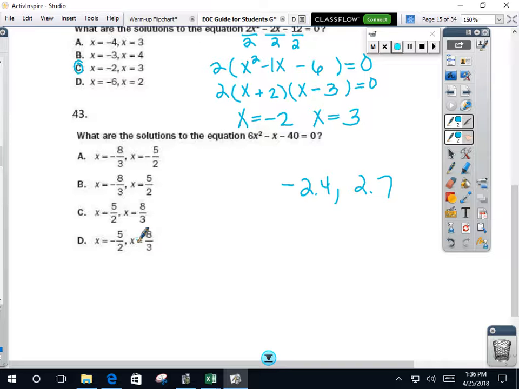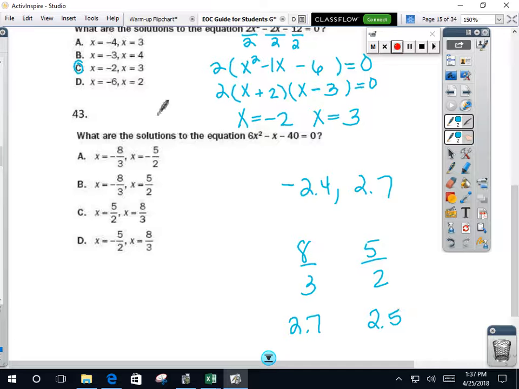But all of our answers are in fraction form, so what should we do? Aren't all the choices 8/3 or 5/2? So let's figure out what 8/3 is as a decimal and 5/2. 8/3 is 2 point, but isn't it like 2.6666, so it would be 2.7? And what about 5/2? 2.5.